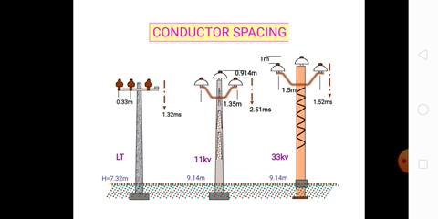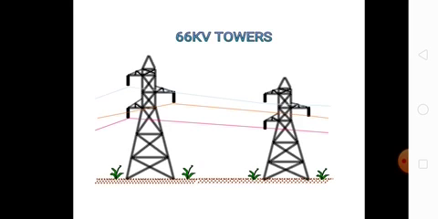And for 66 kV towers, we have only 6 conductors, the height of the pole should be 16.5 meters, and the conductor to earth clearance is 5.487 meters.